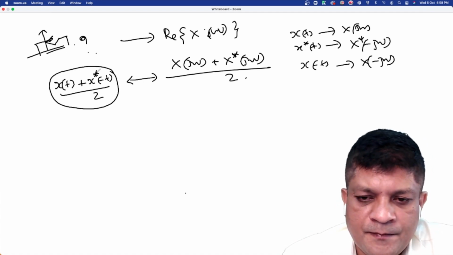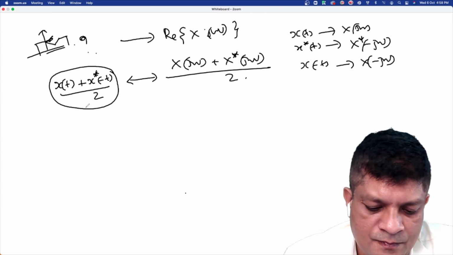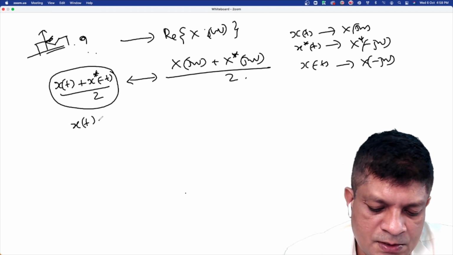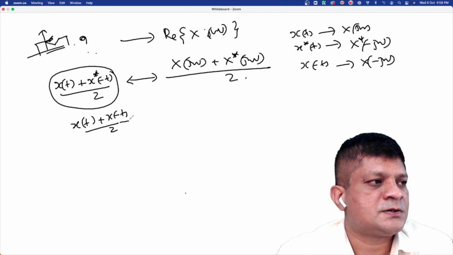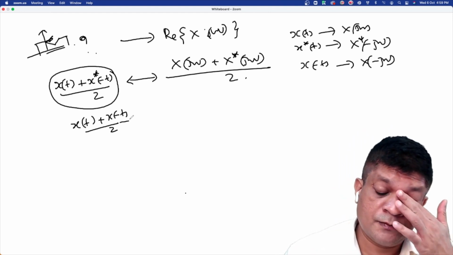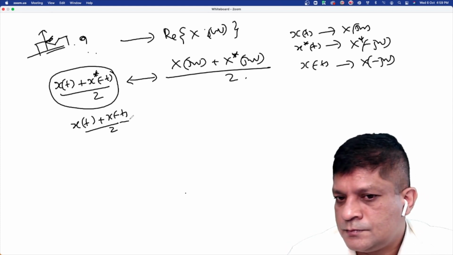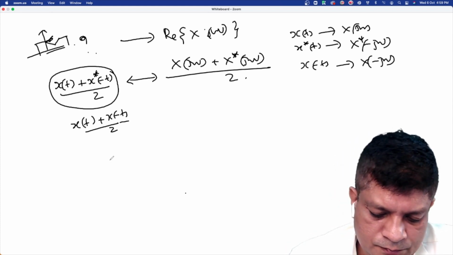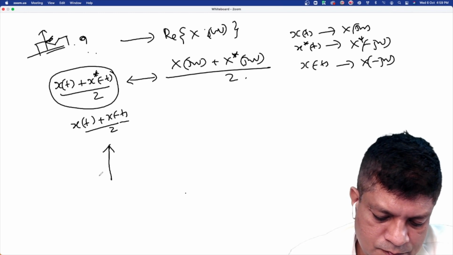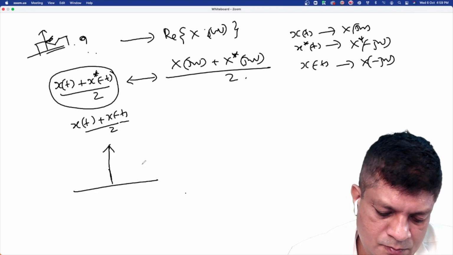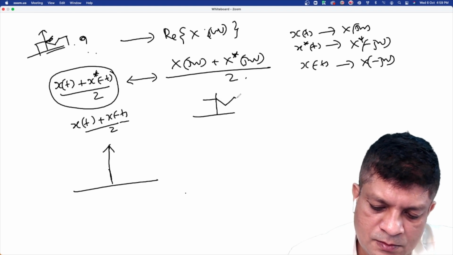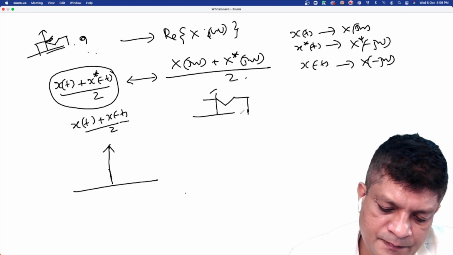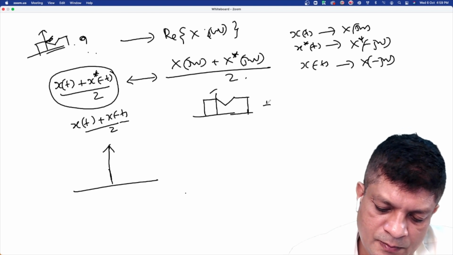So what is this? This is the even part of xt. Tell me, what is the even part of the signal? This one plus this one plus this plus flipped version of that.